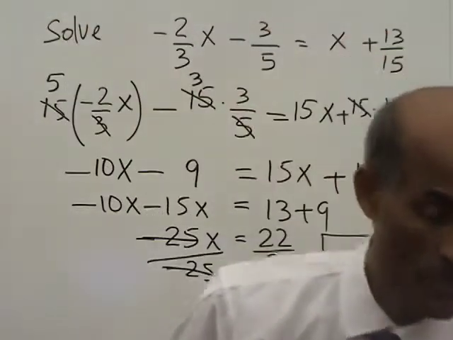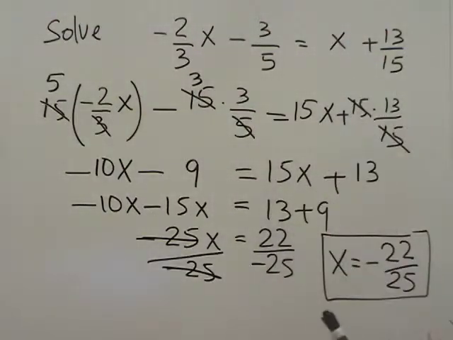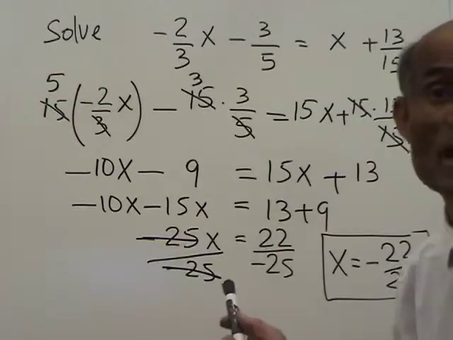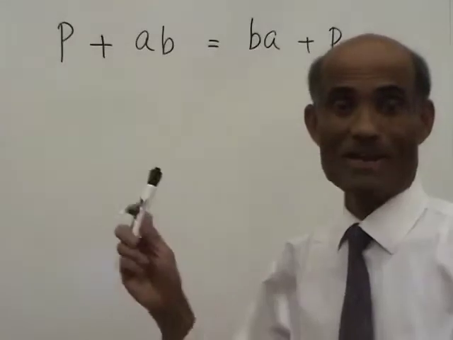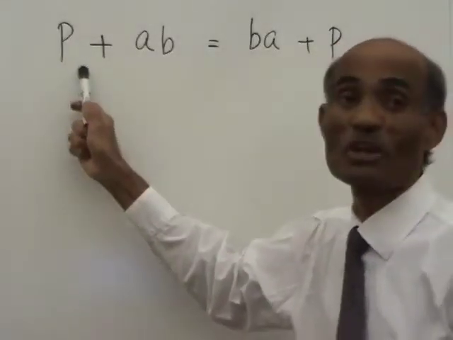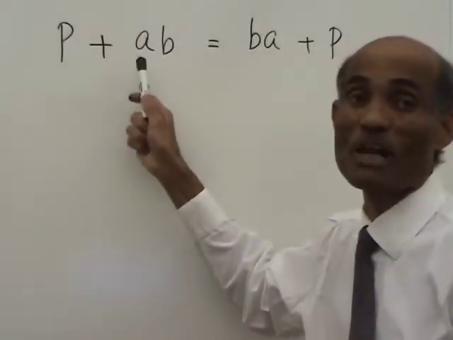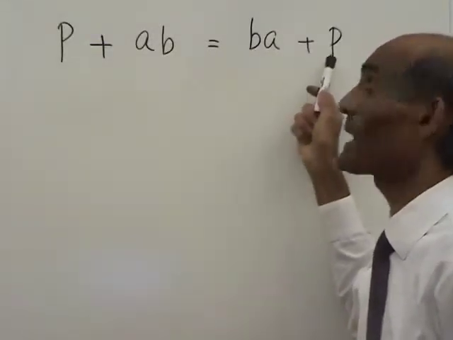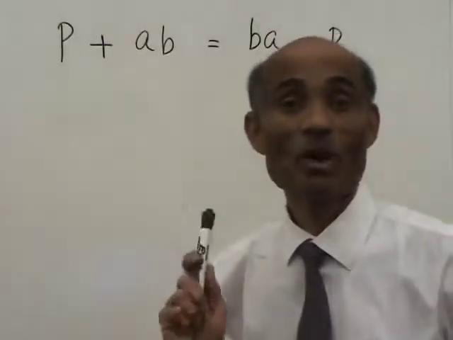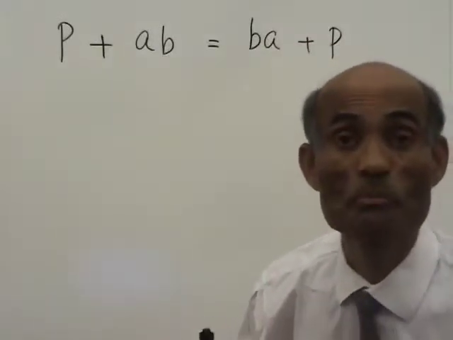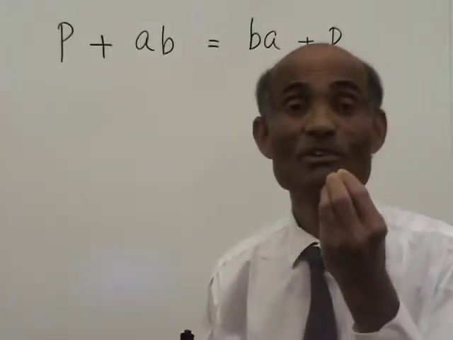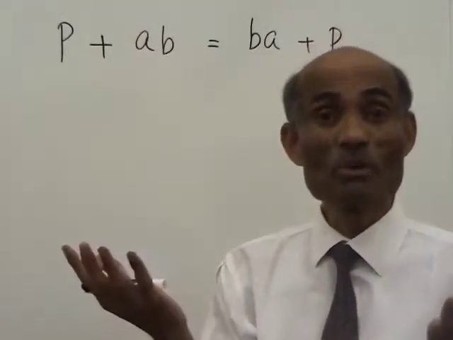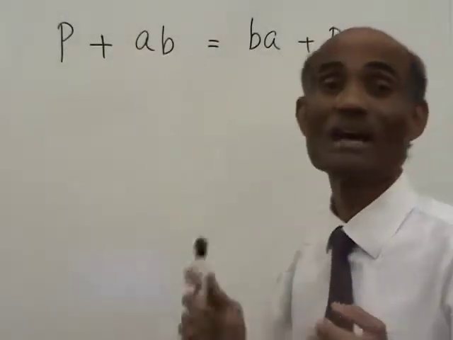Okay, that has been a good problem, and I hope you will take some time to practice problems like this. Okay, in the next question I want you to look at this relation: P plus AB equal to BA plus P. I want you to identify the property of real numbers, or property of addition and multiplication, that I have used here.